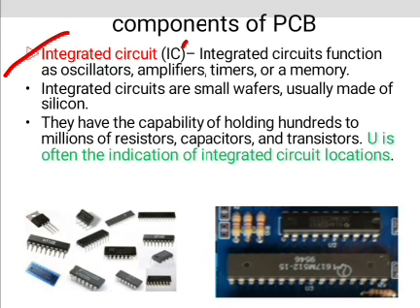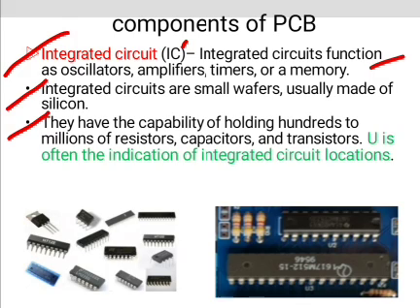The IC functions as oscillators, amplifiers, timers, or memory. Integrated circuits are small wafers usually made up of silicon. They have the capability of holding hundreds to millions of resistors, capacitors, and transistors.